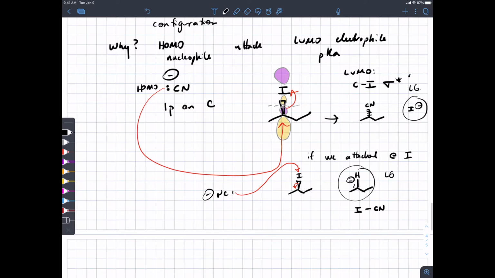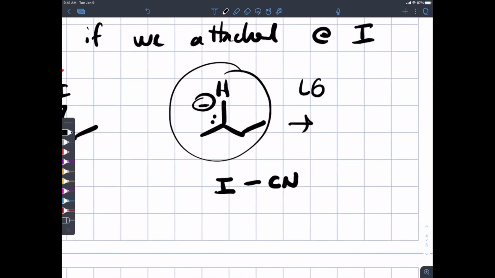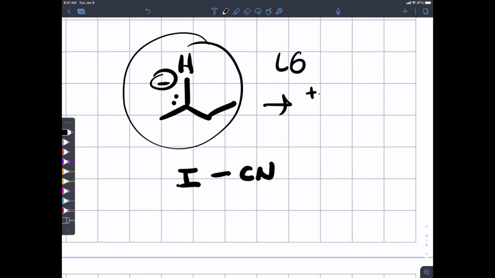I minus is a good leaving group because it is the conjugate base of a strong acid. HI has a pKa of minus 11. In contrast, this carbanion is a terrible, horrible, no good, very bad leaving group. You guys maybe didn't read that book when you were little.